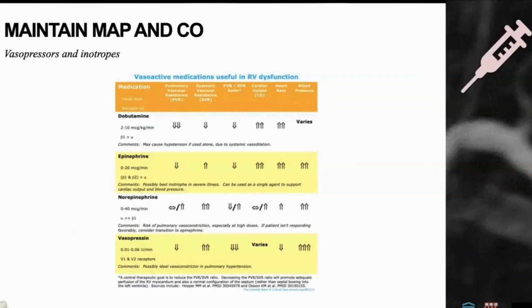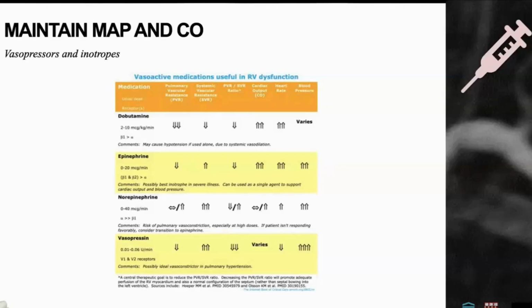But in cases of RV failure and pulmonary embolism, really your goal is to drop this number, like I talked about, to drop your systemic vascular resistance while still increasing your cardiac output. The problem with most pressors is that they increase your cardiac output by increasing both your systemic vascular resistance and your pulmonary vascular resistance.